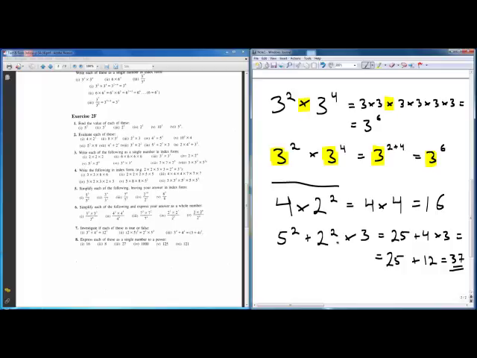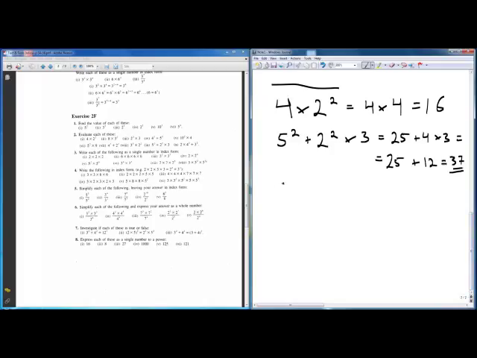Okay, how about simplifying each of these and express your answers as a whole number? Let's do this one. 4 index 2 times 4 index 5 divided by 4 index 4. So first we calculate this. Remember multiplication, so it's this plus this. We can write it as 4 index, 2 plus 5 is 7.